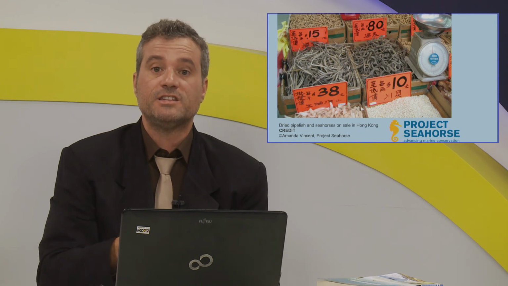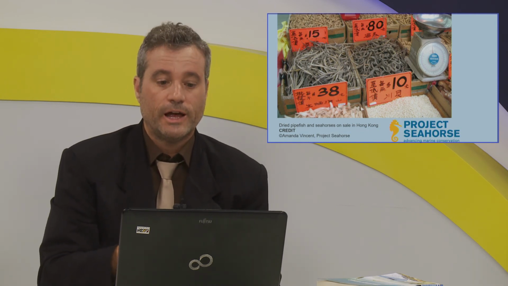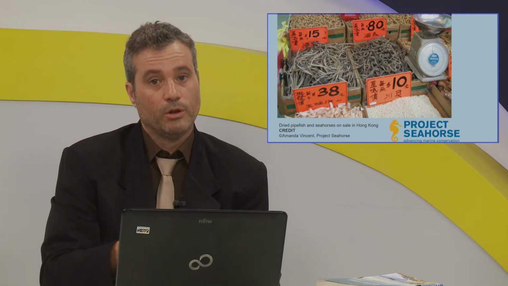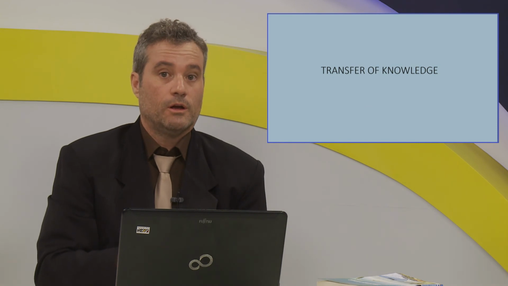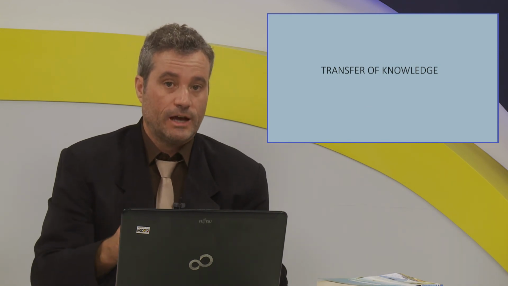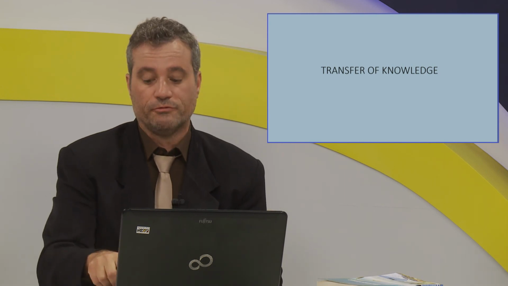For example, seahorse. And these seahorses are very vulnerable and are at risk of extinction. So, after studying, after evaluation, what is important also is to transfer the knowledge to fishermen.